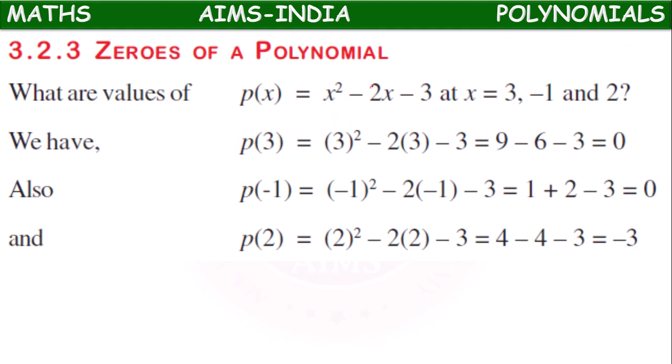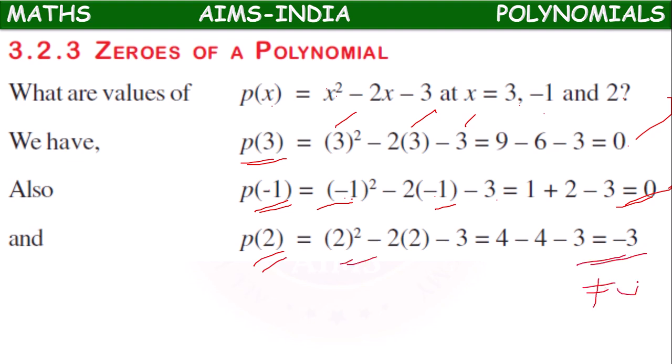At x equal to 3, if we keep 3 in the place of x, the value becomes 0. If we keep minus 1 in the place of x, for all the terms on the right hand side, then also it becomes 0. Next, if we keep 2, p of 2, then it is not becoming 0.